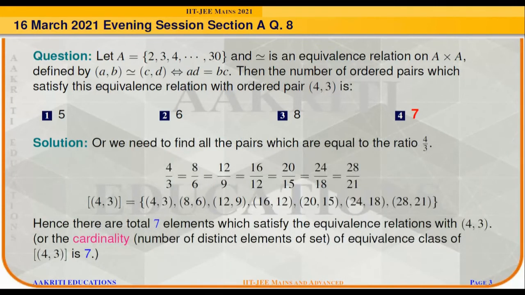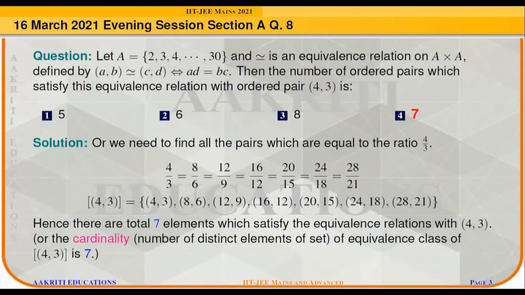Here AY is equal to BX, it also implies A by B is equal to X by Y. Thus, to find the equivalence class of ordered pair 4 comma 3, we need to find all the pairs which are equal to the ratio 4 by 3. So, 4 by 3 is equal to 8 by 6 is equal to 12 by 9 is equal to 16 by 12 is equal to 20 by 15 is equal to 24 by 18 and is equal to 28 by 21.